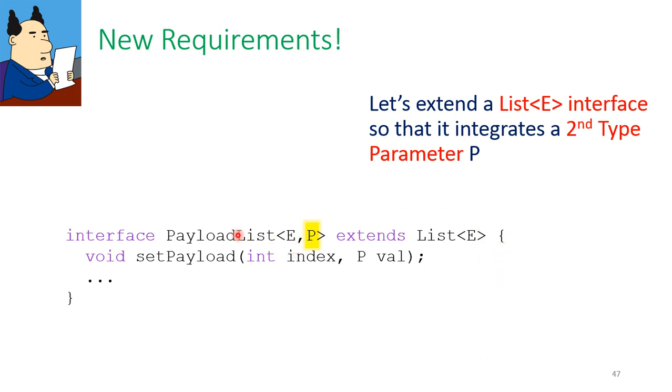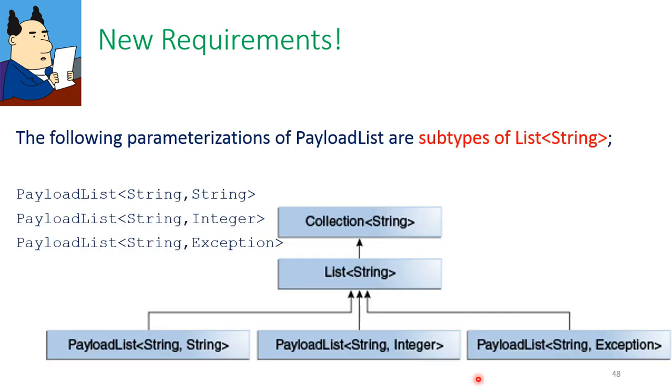Well, here we have two interfaces. We're going to look at their relation with one another, but the interface that we wrote extends List of E, and also adds another type parameter. So what is the impact of having additional type parameters on the rules that we have seen so far? Well, let's take a look at the diagram here.